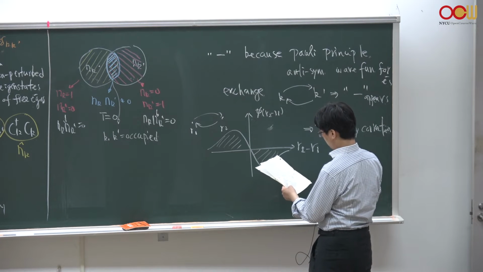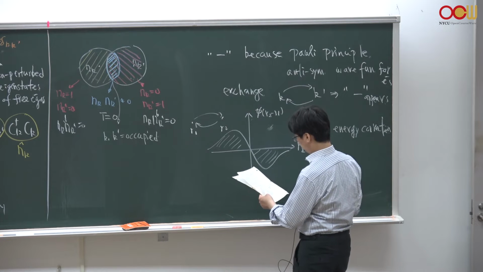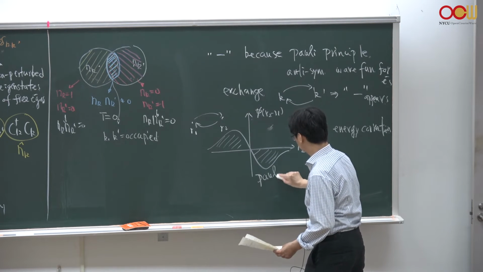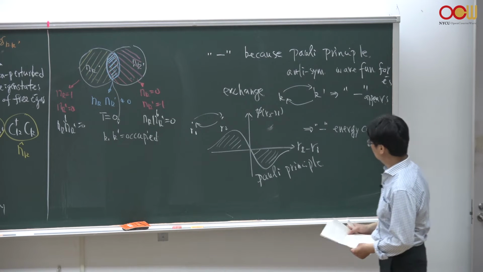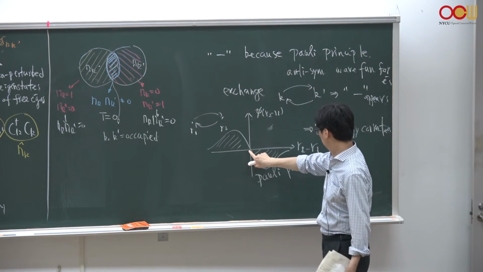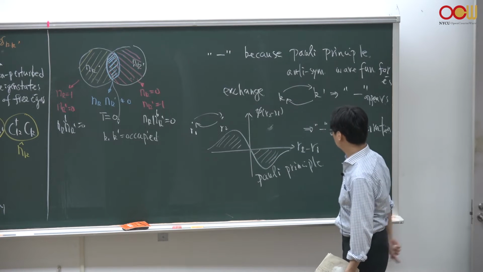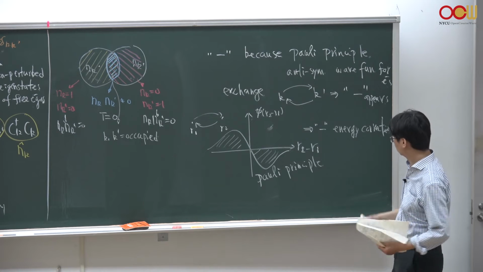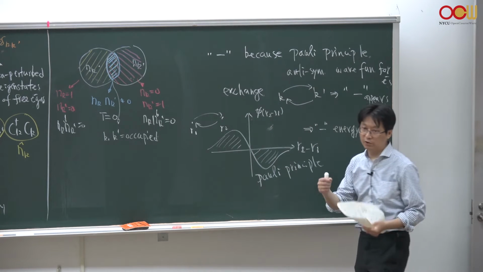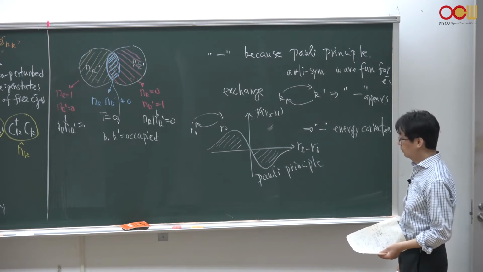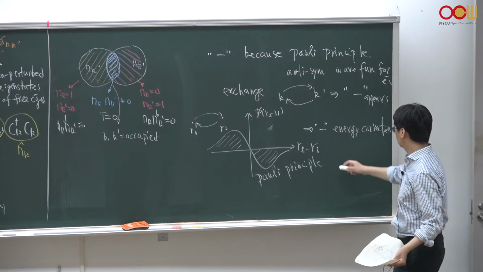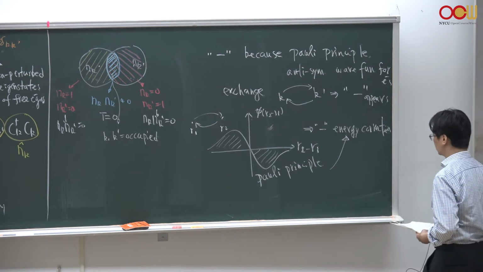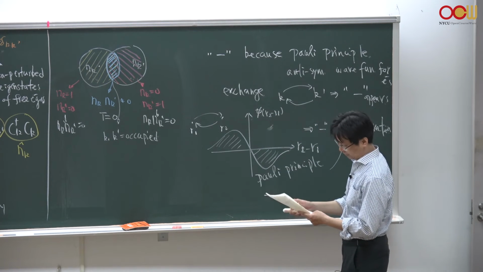And that is precisely what the Pauli principle is telling us. So the total wave function actually vanishes when R1 is equal to R2, to avoid the two wave functions bumping into each other. And such avoidance of two fermion wave functions colliding, in terms of energy consideration, leads to a reduction of the total energy, and therefore you get a minus sign there.